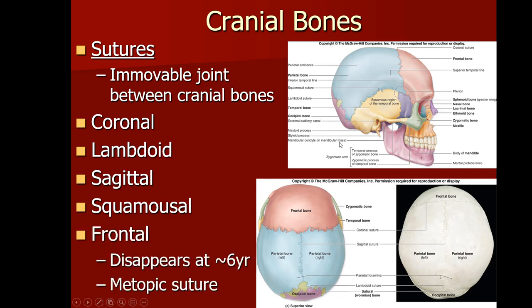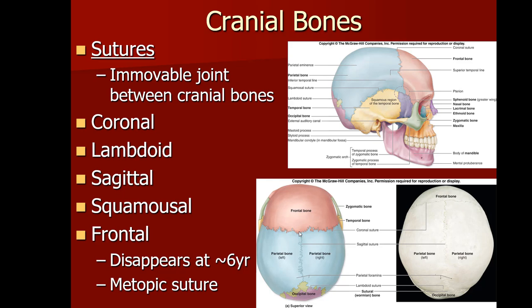And then, like I said, I'm going to add one more that's actually not shown here. When you're born, or in a newborn, there will actually be a suture between the 2 sides of the frontal bone. So it'd basically be right here. So that's called the frontal suture. However, in an adult, or even after about 6 years of age, it disappears.